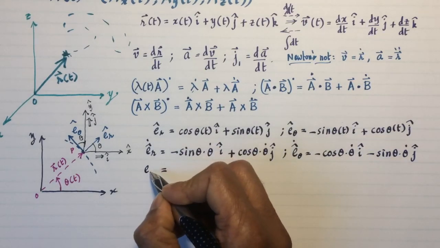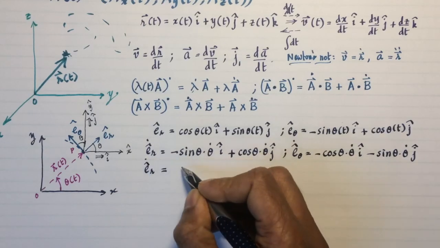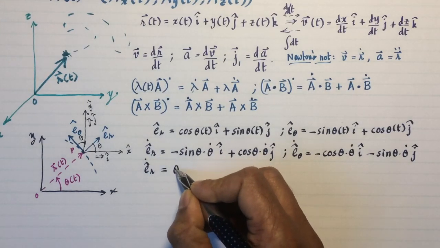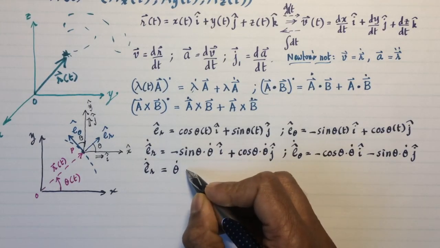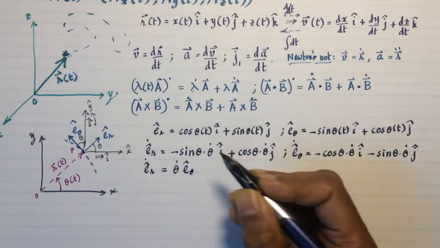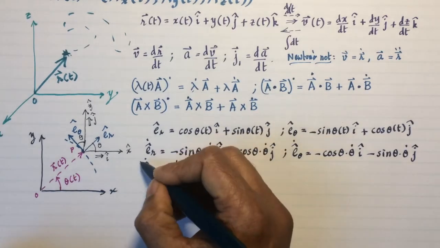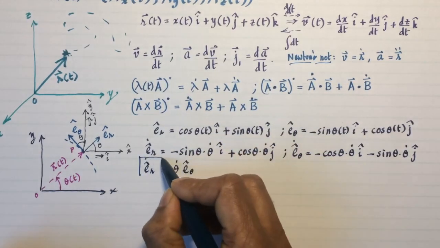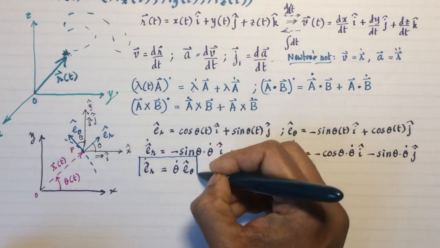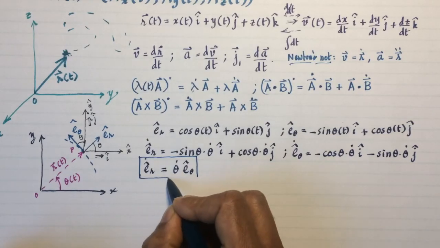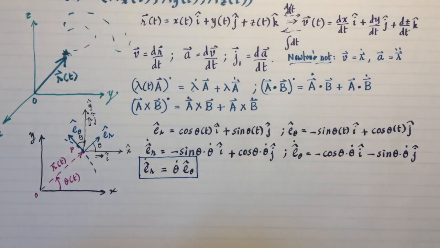So I have here er dot equals theta dot times e theta. So that's a pretty important side result we get right away. The rate of change of the r unit vector actually happens in the theta direction.